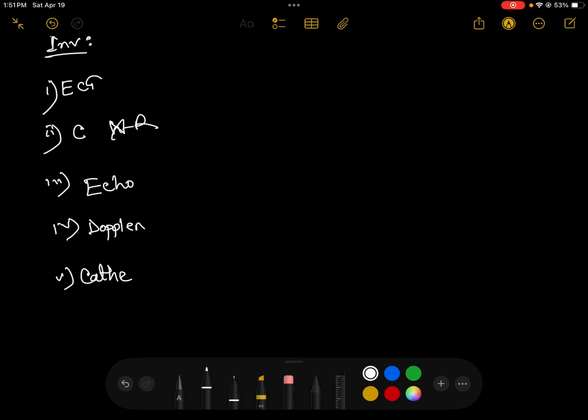ECG shows left atrial hypertrophy, P mitrale if not in atrial fibrillation.